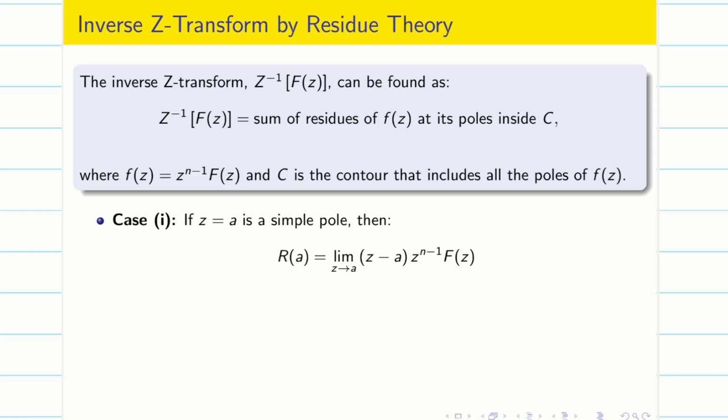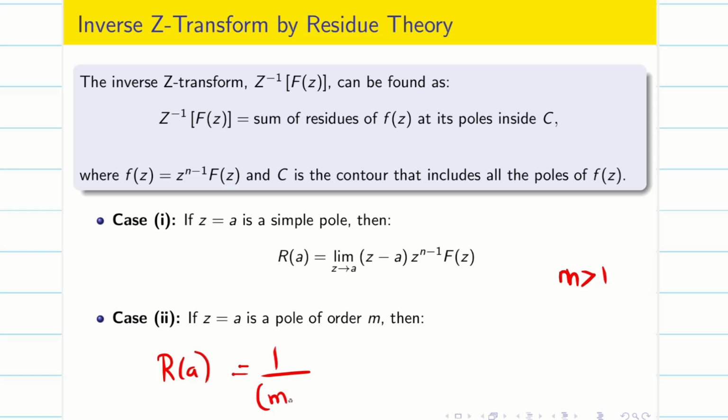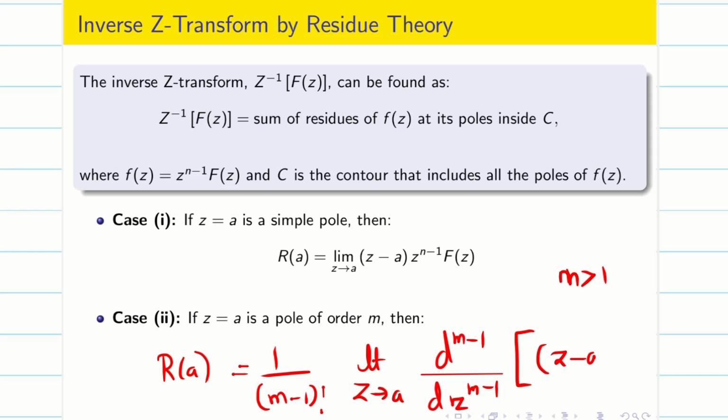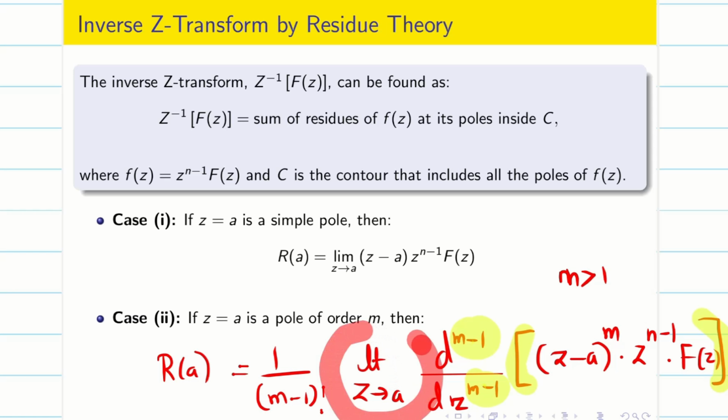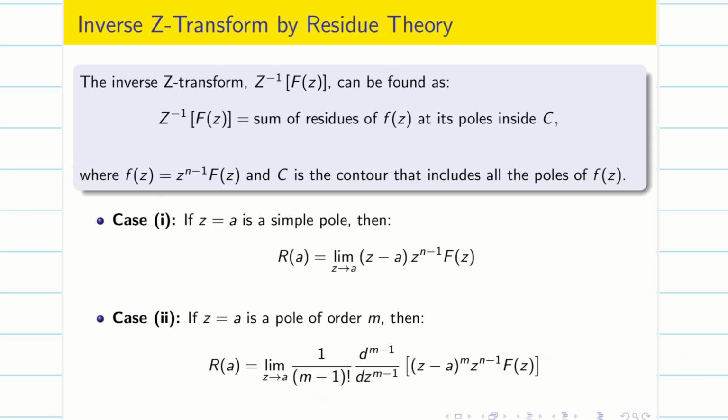If the pole is of order m, where m is greater than 1, then the formula is R of a equals 1 by m minus 1 factorial, limit z tends to a, d power m minus 1 by dz power m minus 1 of z minus a whole power m into z power n minus 1 into F of z. So we have to simplify this first and differentiate m minus 1 times, then finally apply the limit. This is the formula for a pole of order m.